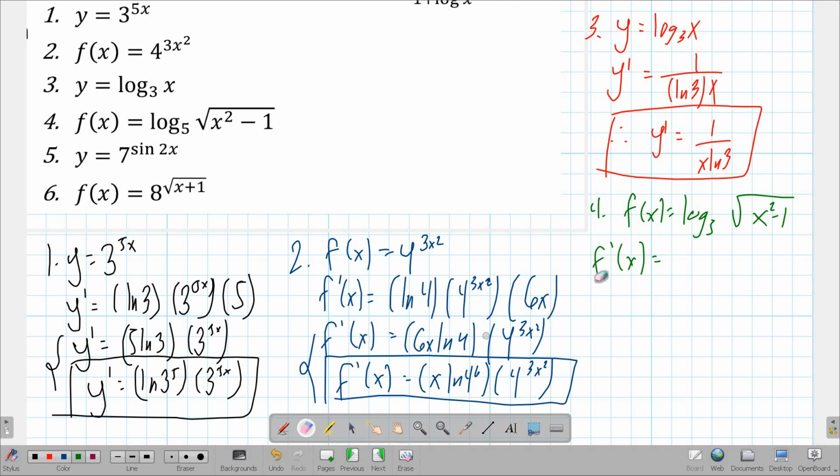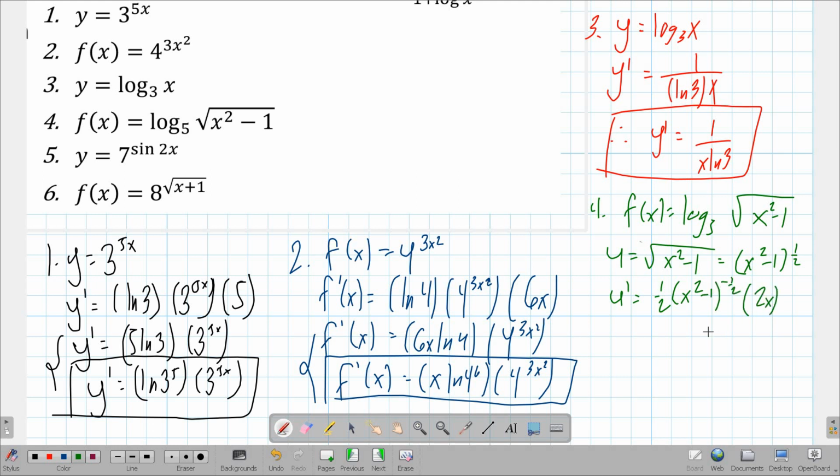Just a bit more complicated, so maybe let's first find the derivative of the one inside. We have u is equal to the square root of x squared minus 1. So therefore u prime will then be equal to, this is the same by the way as x squared minus 1 raised to 1 half. Hence u prime will become 1 half times x squared minus 1 raised to negative 1 half times 2x.